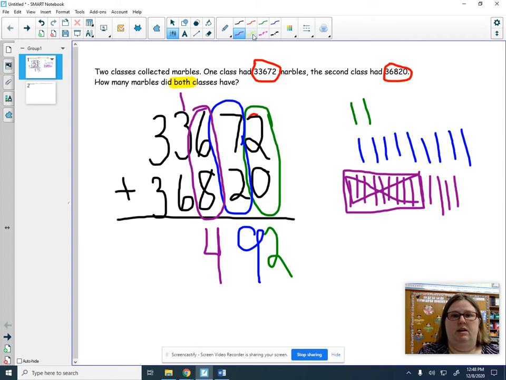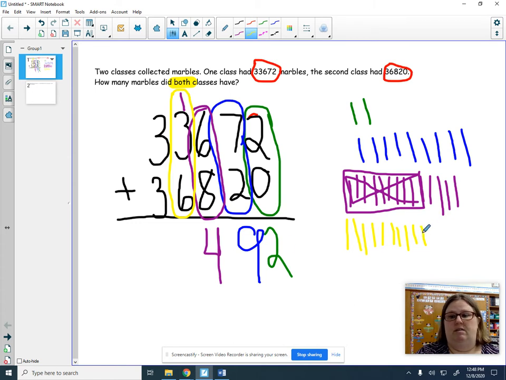All right, now we'll do our thousands. So we start with our 1 on top. We have 1. Then I have 3. 1, 2, 3. And I have 6. 1, 2, 3, 4, 5, 6. Count them up. 1, 2, 3, 4, 5, 6, 7, 8, 9.